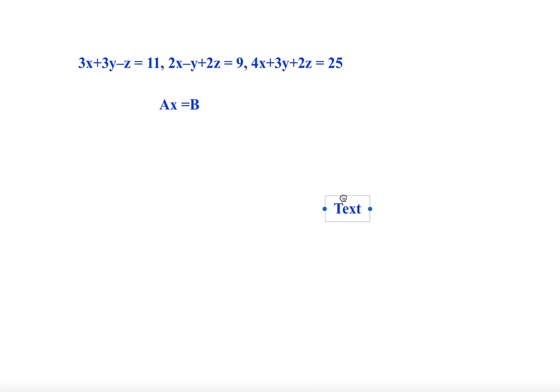What is A? A equal to 3 3. Coefficient of x is A1, coefficient of y is A2, coefficient of z is A3. Like here also, this is minus 1. The coefficient of x we have to write as the first element, next y as the second element, z as the third element in every row.